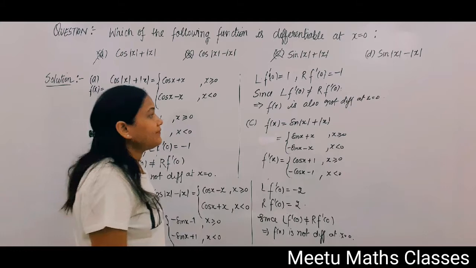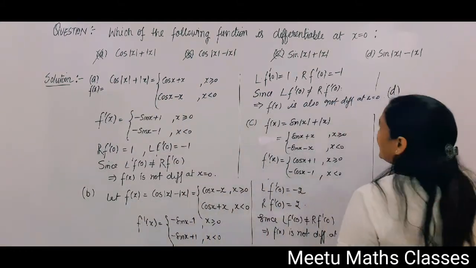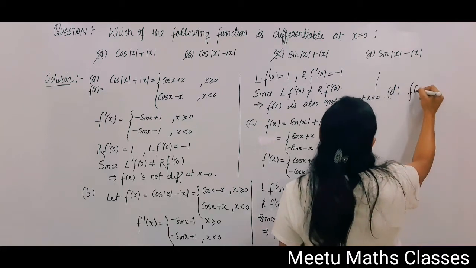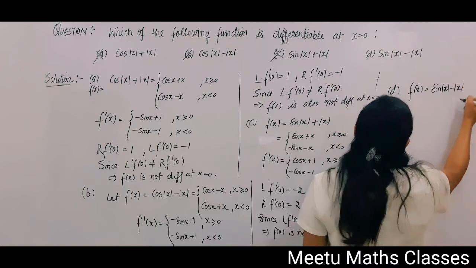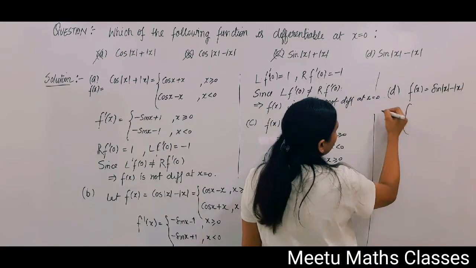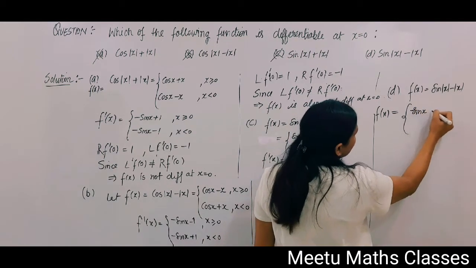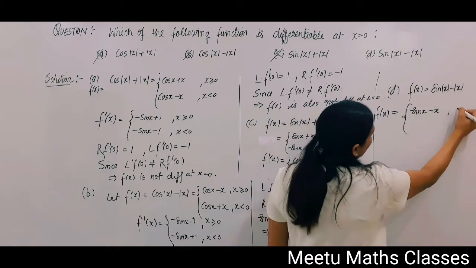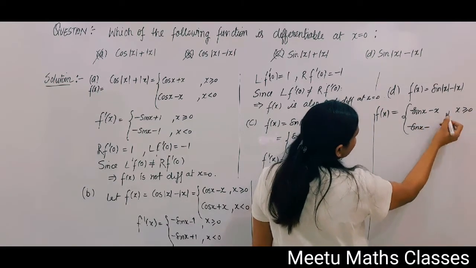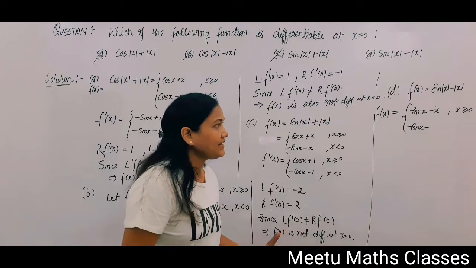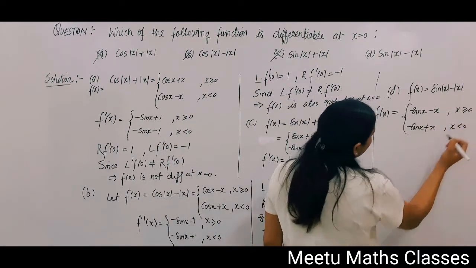So we have to finally check our fourth function. Our fourth function, let f(x) equal sine of modulus x minus modulus x, which can be defined as positive sin x minus x when x is positive, and negative sin x minus modulus x, which is minus x, and it will become plus x here when x is negative.